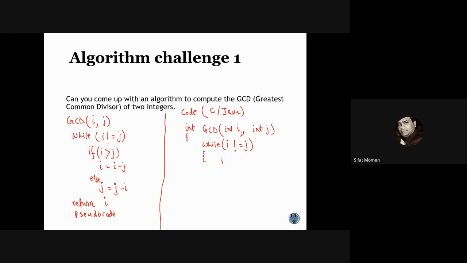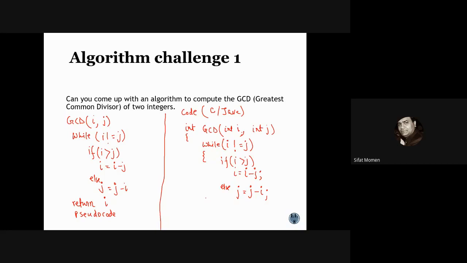The first thing I'm going to check is if I is greater than J. If I is greater than J, then the new value of I would be equal to I minus J. There's a small syntax here: I must end the statement with a semicolon. Else, I'm going to update the value of J, which would be equal to J minus I, and I must end it with a semicolon.